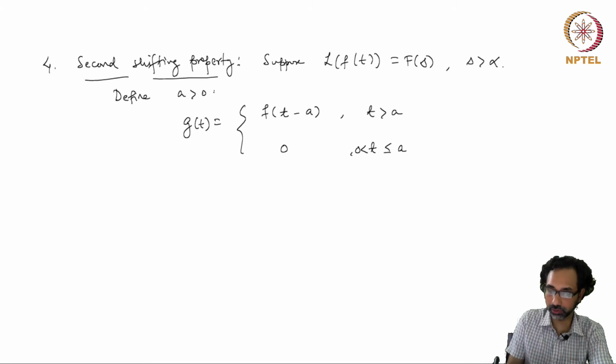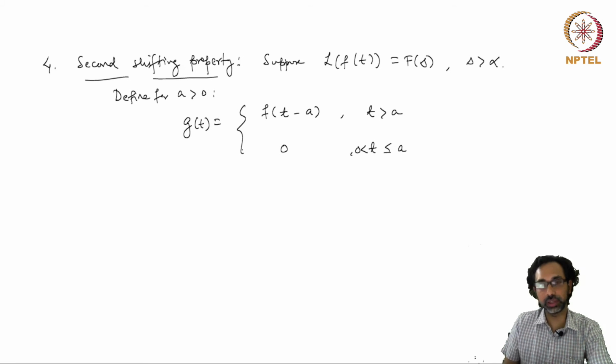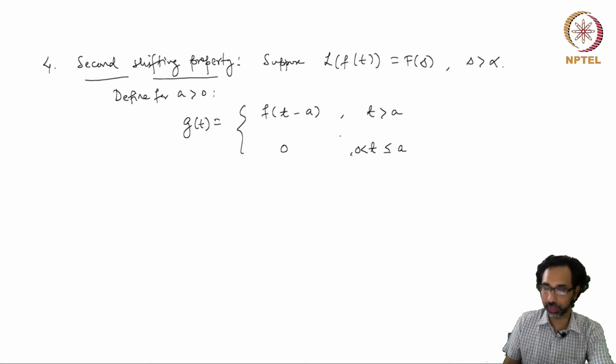So a here is a positive constant. Now we have shifted the whole function f(t) to the right by defining g(t) to be f(t minus a) for t greater than a. So this means that when t approaches a, then g(t) approaches f(0). So our domain gets shifted to the right, and this is why it's again called the shifting property.